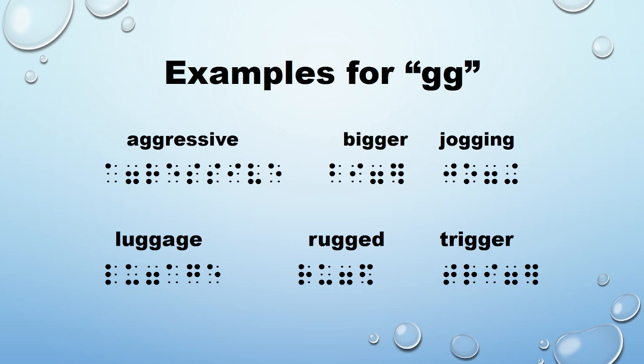Next, bigger, BIGGER, so we can also contract GG there. Next, we have jogging, so we can also contract GG in jogging. Then we also have luggage, LUGGAGE. So we need to contract GG. Then we also have the words rugged and trigger, so we can contract GG using lower G.